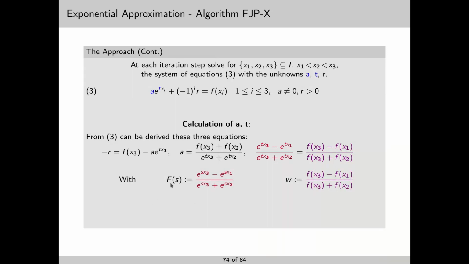With this definition of function capital F, which is a generalization of this term here, and constant w, coefficient t is a zero of function capital F of s minus w. Since, by definition, this here is this equation. We get coefficient a from this equation with coefficient t plugged in.